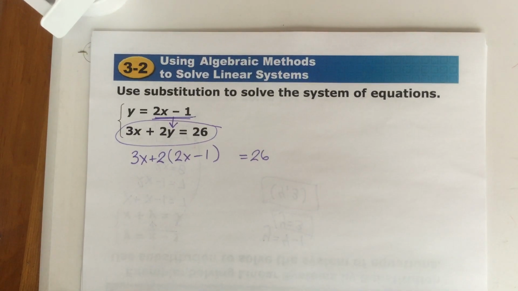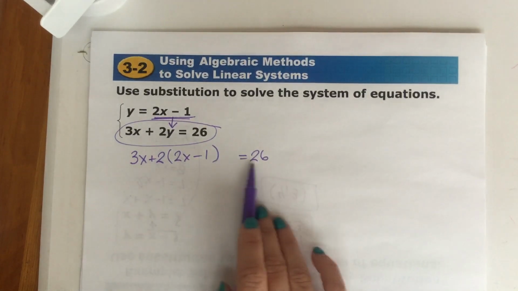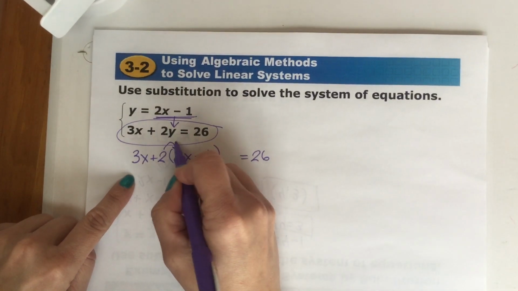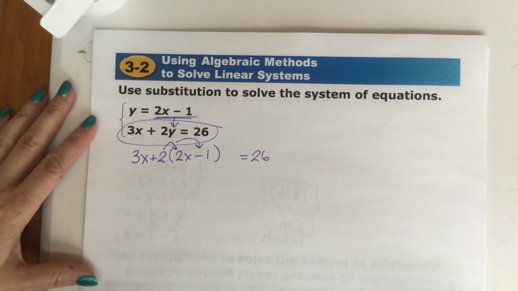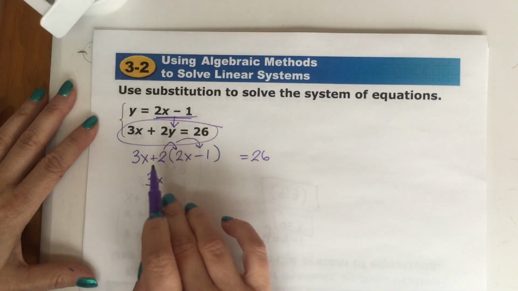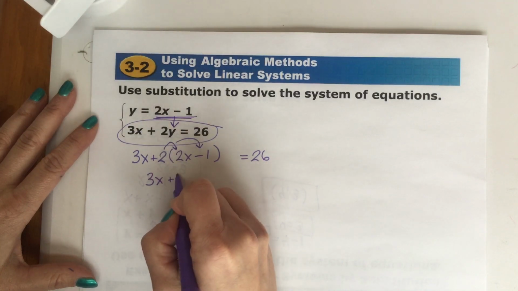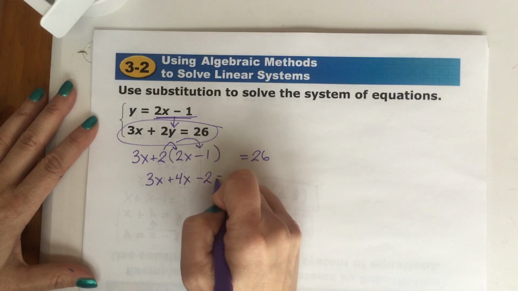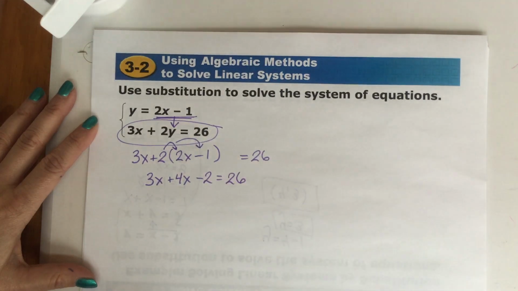Now what I need to do is go ahead and simplify. So this is a multi-step equation where I only have x's. Step 1, when you're solving, you always want to simplify, meaning get rid of parentheses and combine like terms. So I have 3x, 2 times 2x is 4x, 2 times negative 1 is negative 2, equals 26.